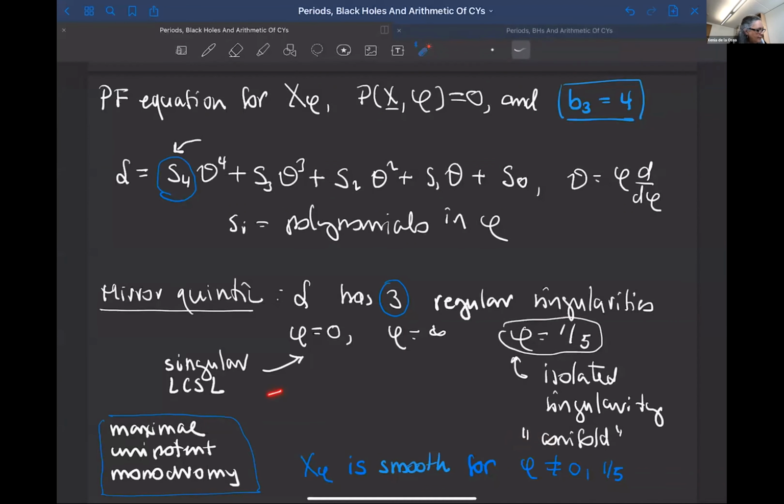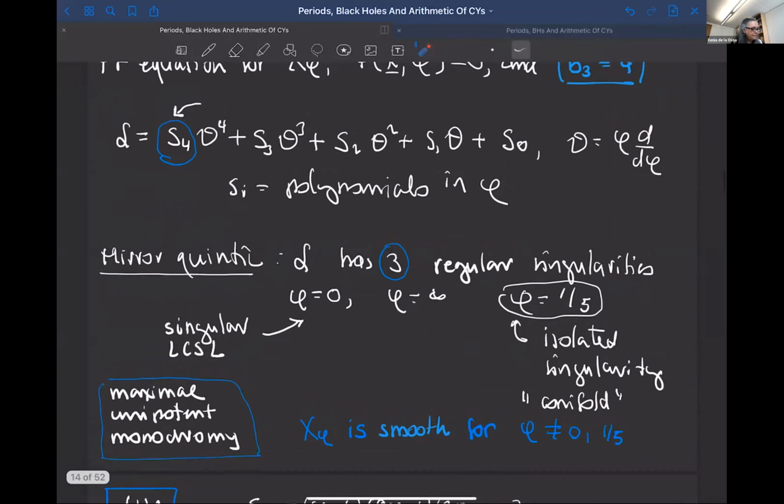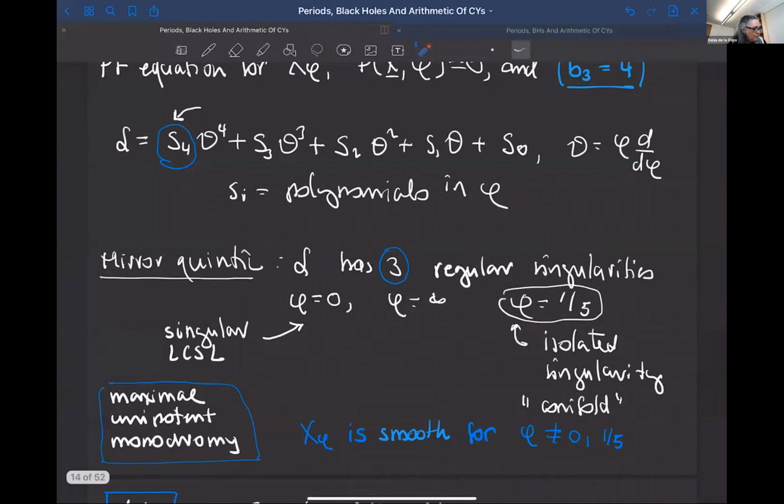This one here is a rather nastier singularity, which is called the large complex structure limit, and it's a point of maximal unipotent monodromy. This one is the Fermat point, which is smooth but has an extra symmetry. So apart from these values, this quintic is smooth.